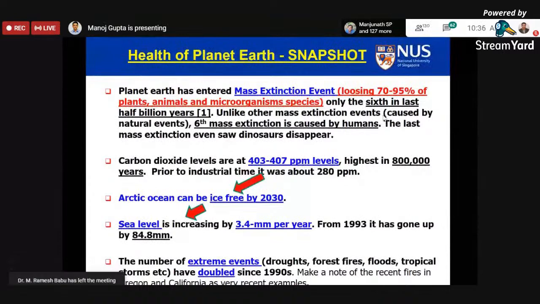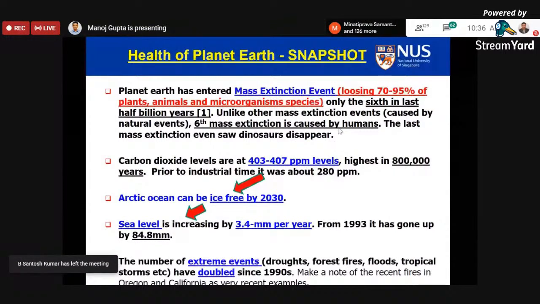Now, out of the 6 mass extinction events that the planet has seen, the previous 5 were by nature, and this is caused by the humans. And for your knowledge, the last mass extinction event even saw dinosaurs disappear. So don't be surprised that if we don't take any action, even the humans will disappear.